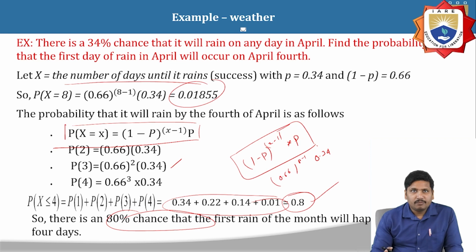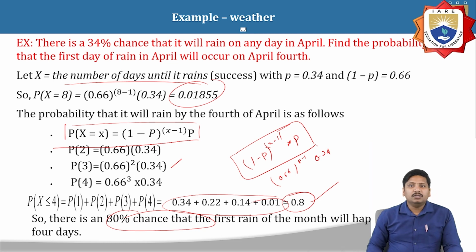Substituting these p and 1 minus p values in the above equation, I get this value. And for by the 4th of April, that means 4 days, I calculate for 1, 2, 3, 4 days. Making the summation of these probability values, I get 0.8, that means an 80% chance of getting rain by the 4th of April.